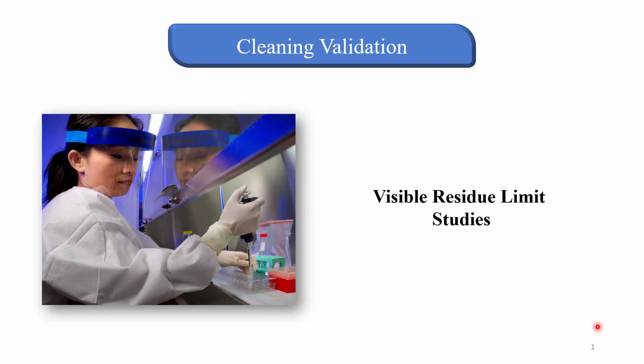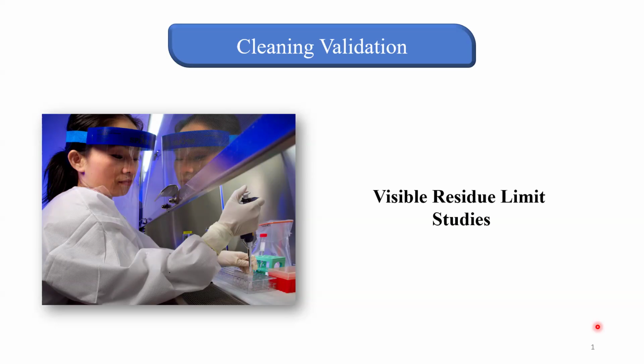This means we look at the equipment with our naked eyes to confirm that no visible residue is available. The visible residue limit study helps us scientifically define how much residue can be present on an equipment surface before it becomes visible under defined conditions. In simple words, a VRL tells us the minimum amount of residue that the human eye can detect.